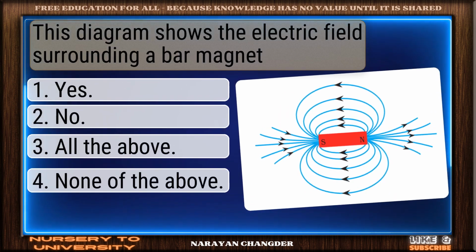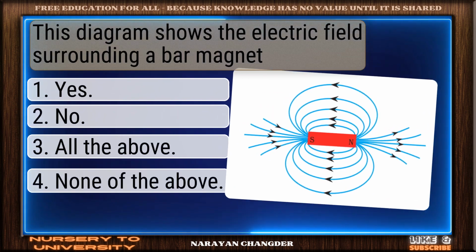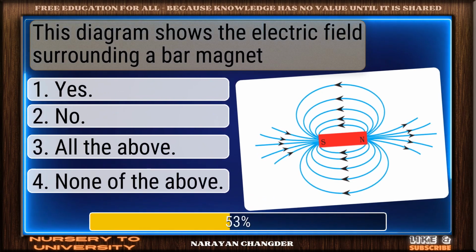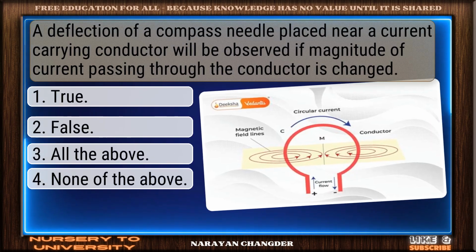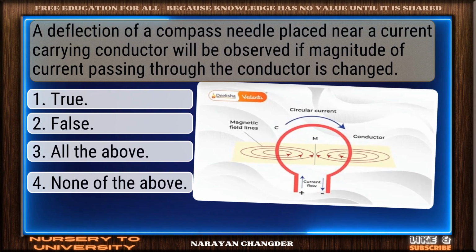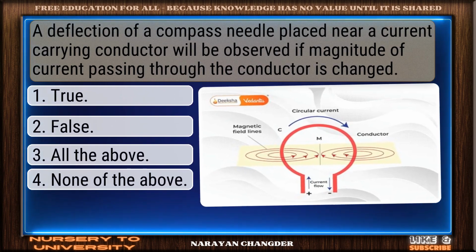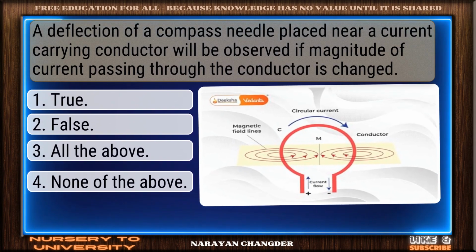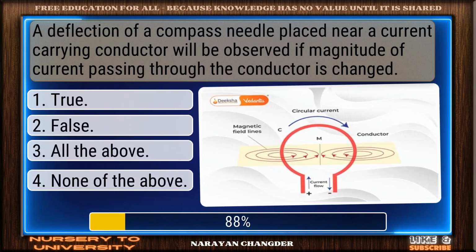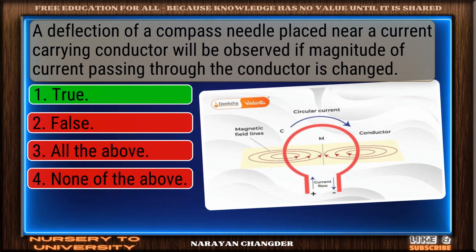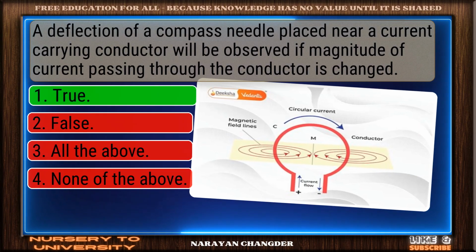This diagram shows the electric field surrounding a bar magnet. Correct. No is spot on. A deflection of a compass needle placed near a current-carrying conductor will be observed if magnitude of current passing through the conductor is changed. True or false? Nice work. True fits perfectly.